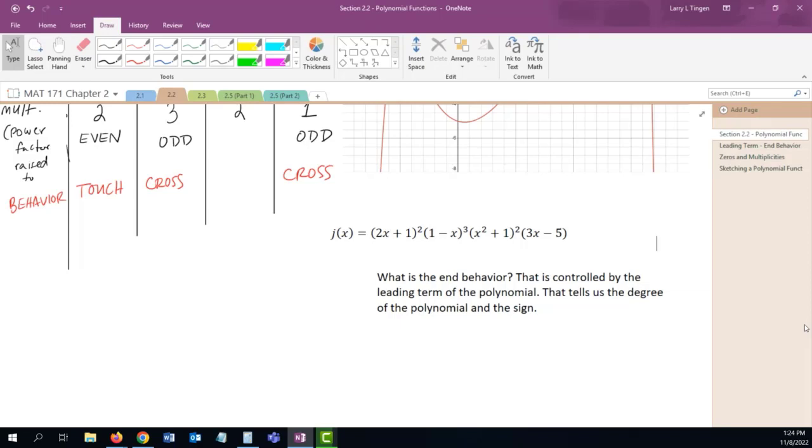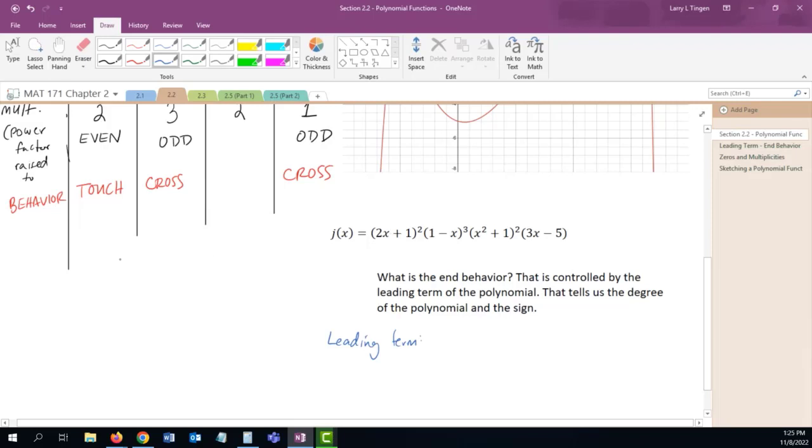Okay. So this is where we have to get a little creative. If this is j of x, the only thing I care about is that leading term. So I'm just going to hunt down that leading term. 2x plus 1 all squared.